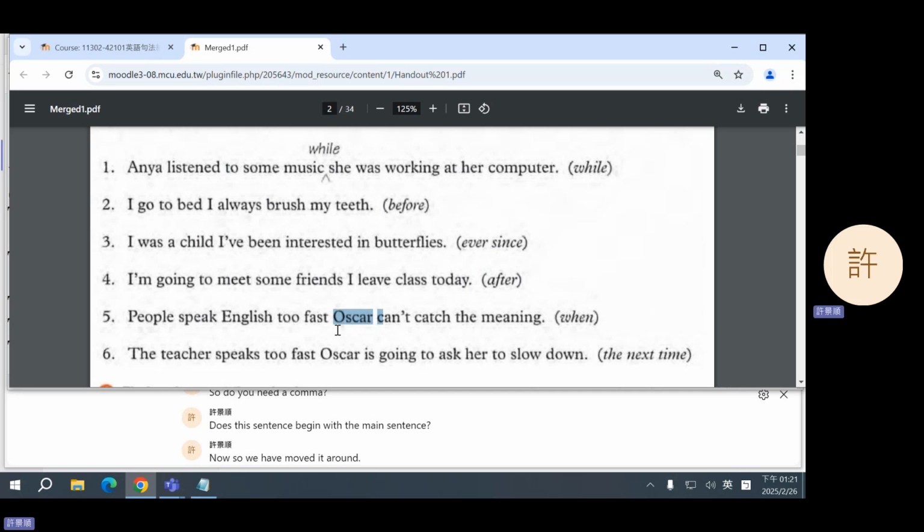So do you need a comma? Yes, you do. To tell the reader that you have moved something. So the comma comes before the beginning of the main sentence. The main sentence begins here, so the comma comes before the main sentence. Good. Other questions?